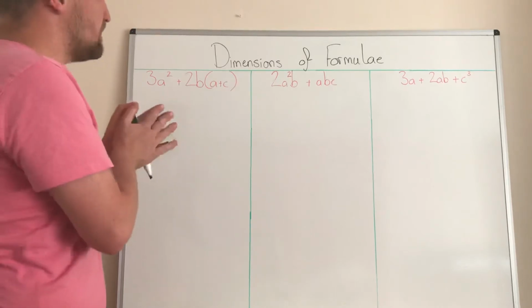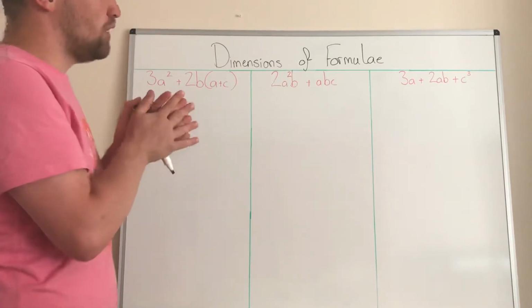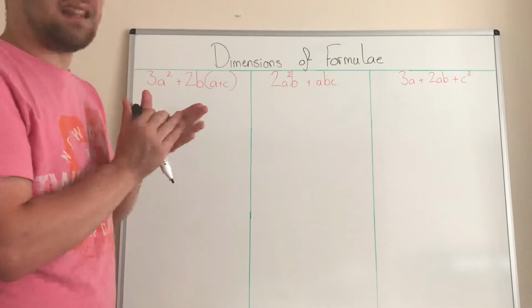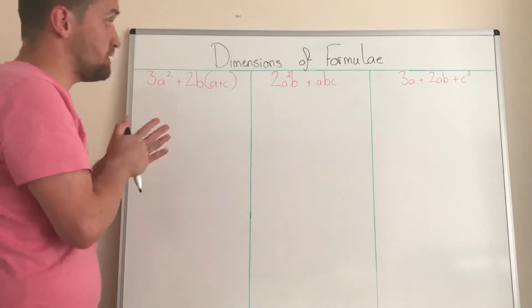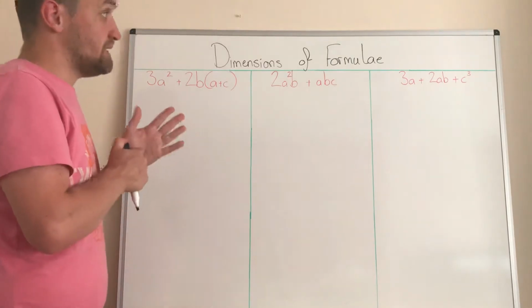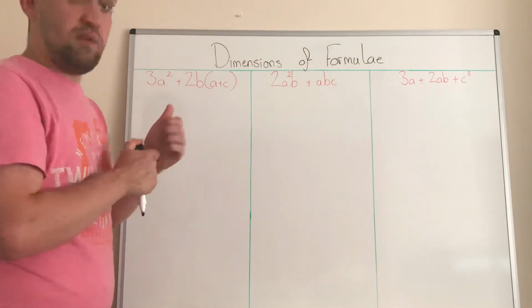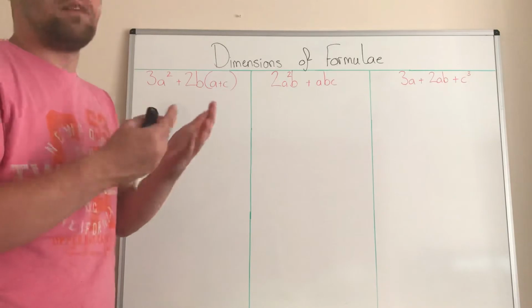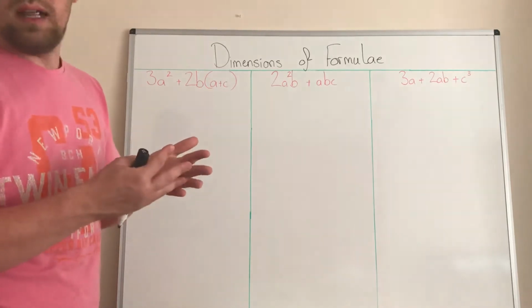We're going to get back into it by looking at dimensions of formula. The key thing you need to remember for this is something that you've been taught for many years. If we've got a length, we use that for perimeter.